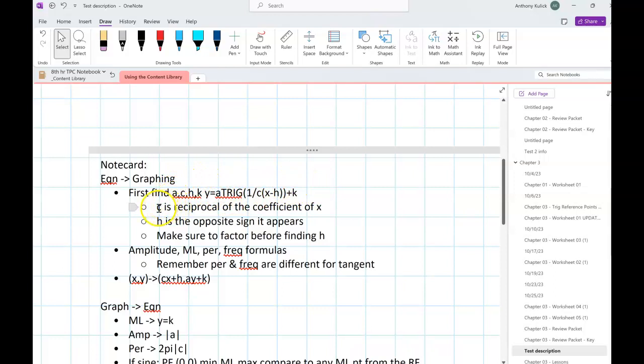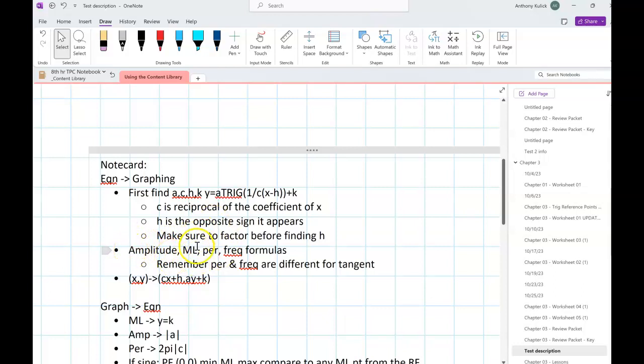Then I wrote a couple of notes to remind myself that C is the reciprocal of the coefficient of x, that H has the opposite sign as it appears in my equation, and that I need to make sure to factor before finding the H. Those are things I've seen us mess up on quizzes or just in general on homeworks. We got to make sure we're doing that.